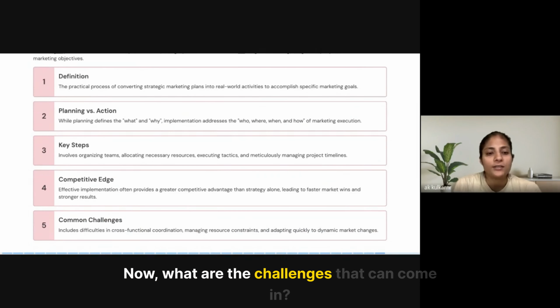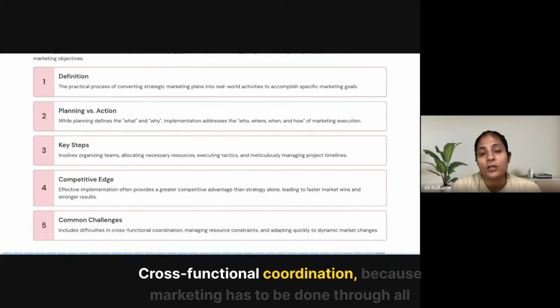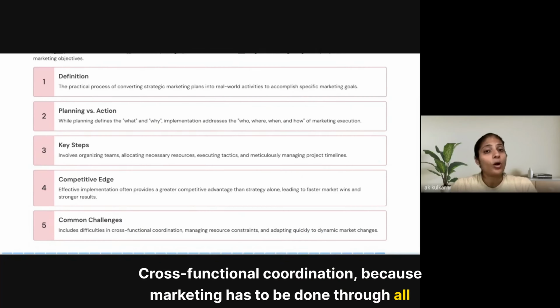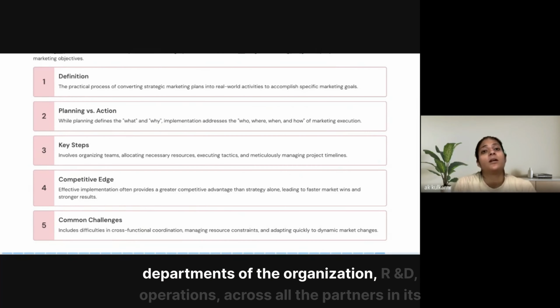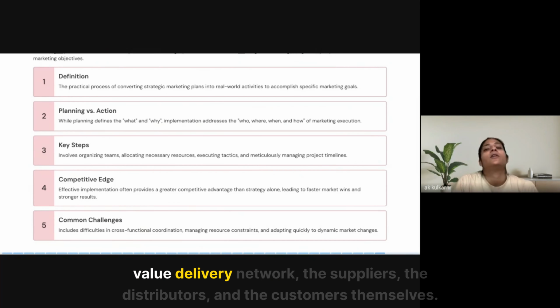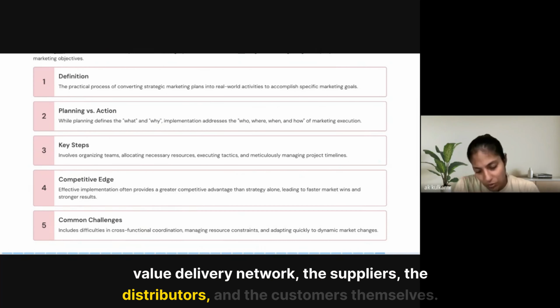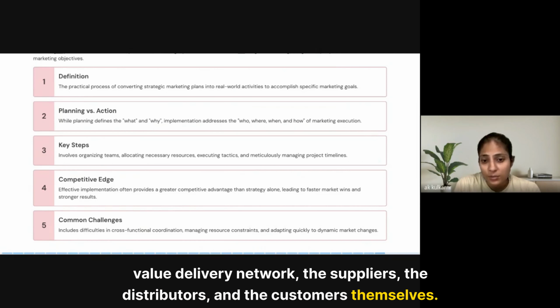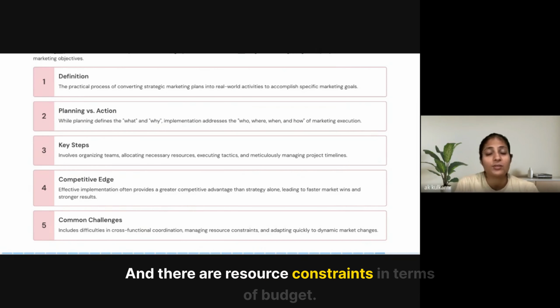Now, what are the challenges that can come in? Cross functional coordination, because marketing has to be done through all departments of the organization, R&D, operations, across all the partners in its value delivery network, the suppliers, the distributors, and the customers themselves, right? And there are resource constraints in terms of budget.